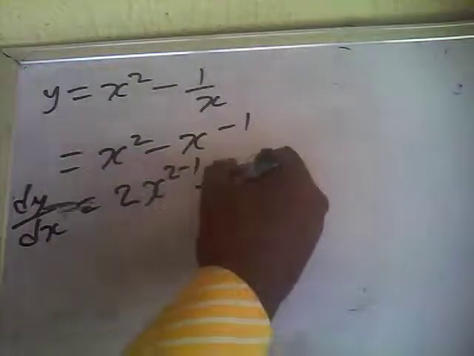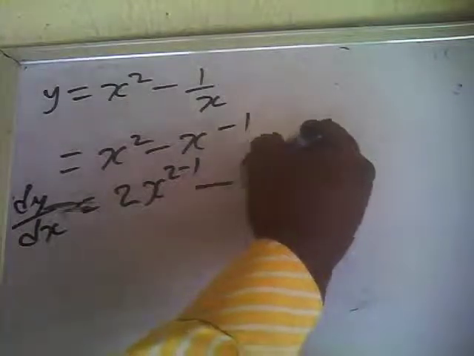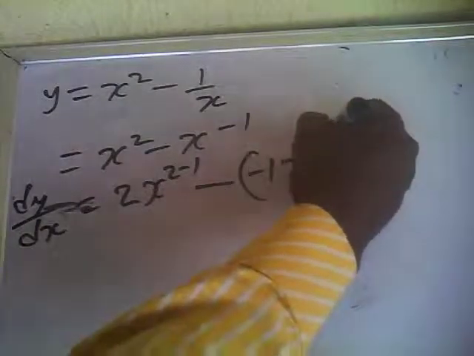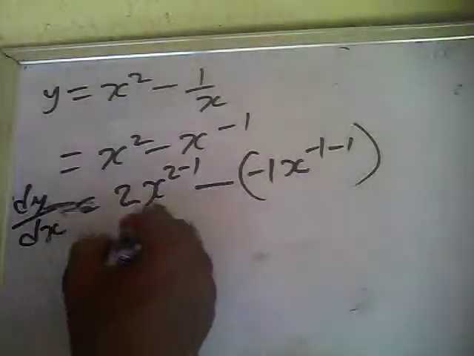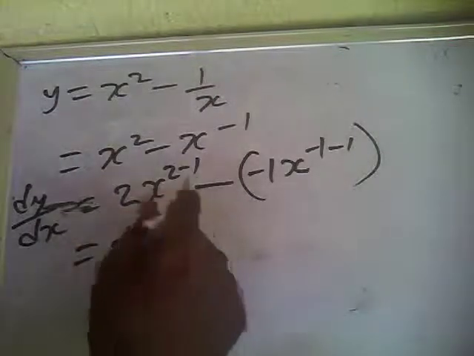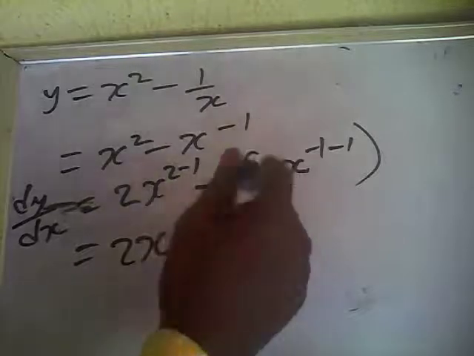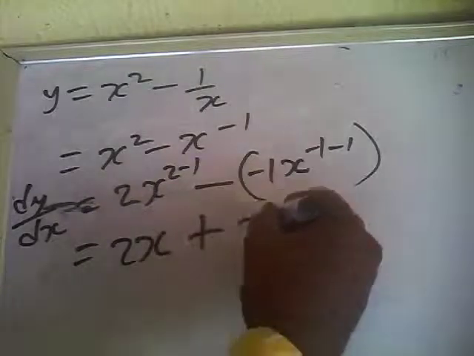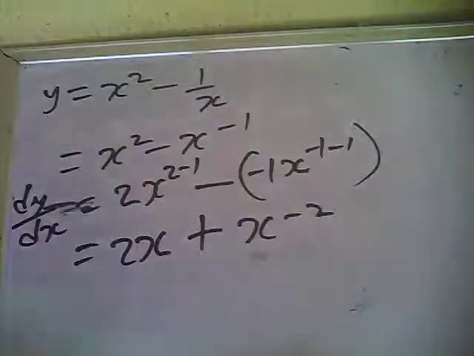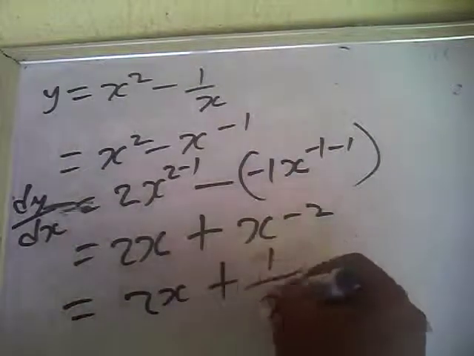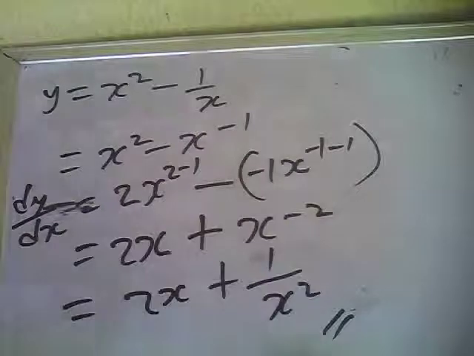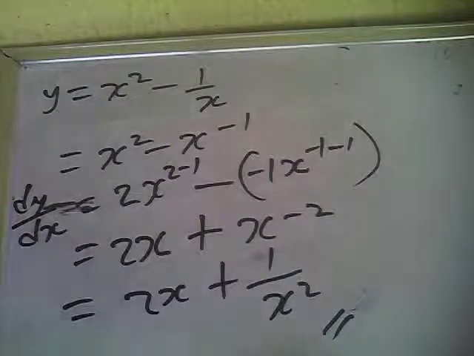Then the minus 1 will come forward and multiply the function, then we subtract 1 again from the power. So we have 2x to the power 1, that's 2x, minus, which is plus, x to the power minus 2. So we have 2x plus 1 over x squared. That's the derivative of that function.